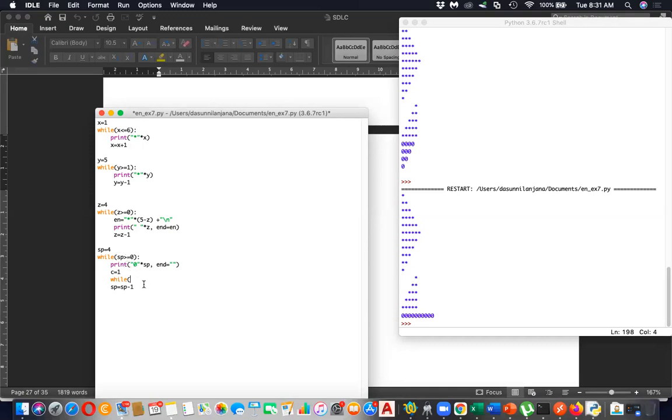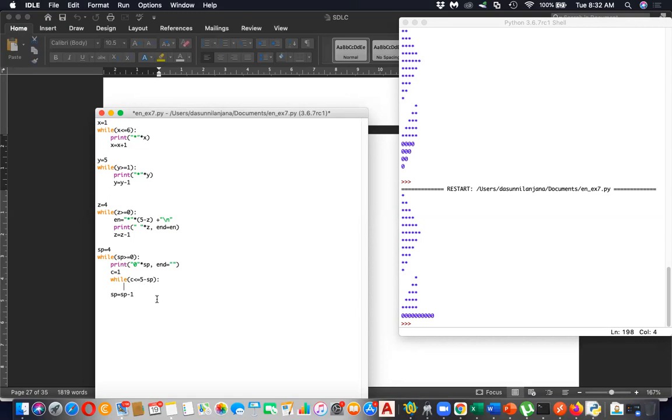So I'll use while c. So I need one asterisk. c less than or equal to 5 minus spaces. 5 minus spaces means first time 5 minus 4 is 1. c less than or equal to 1.